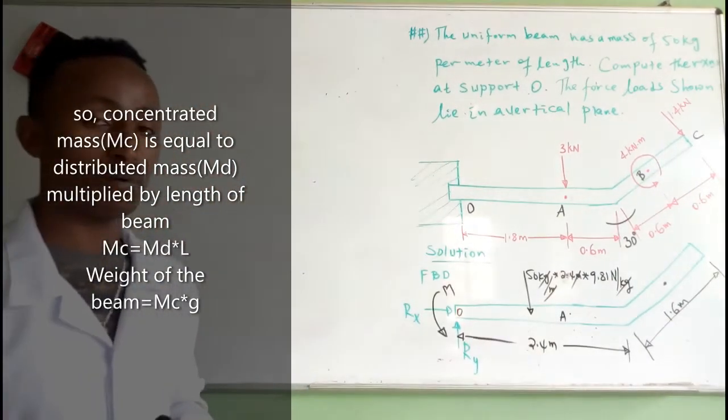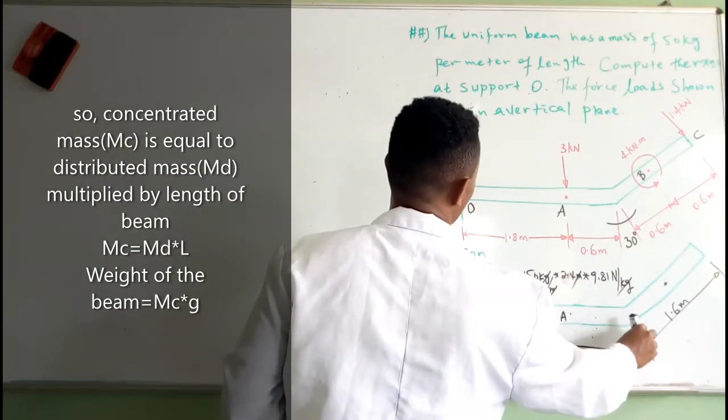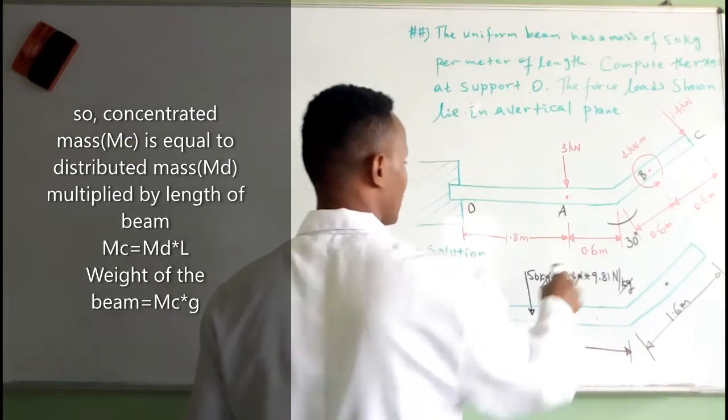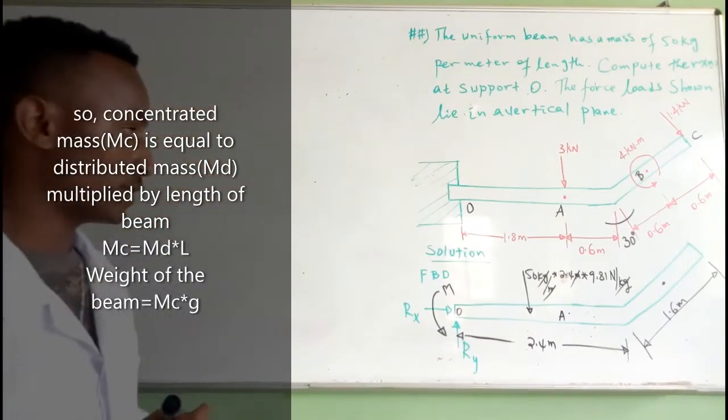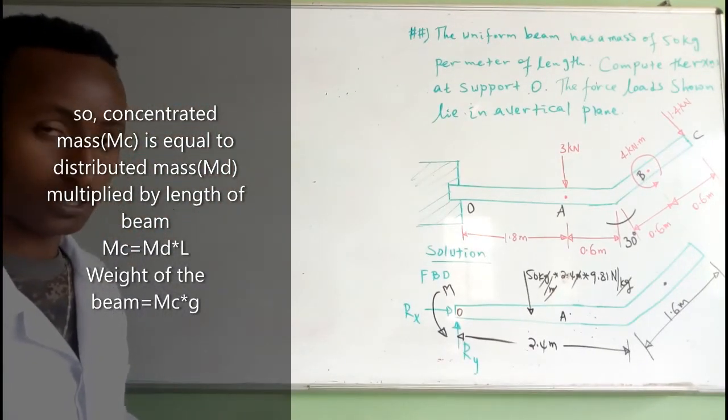So the weight of the bar from O to this point is 50 times 2.4 times 9.81.